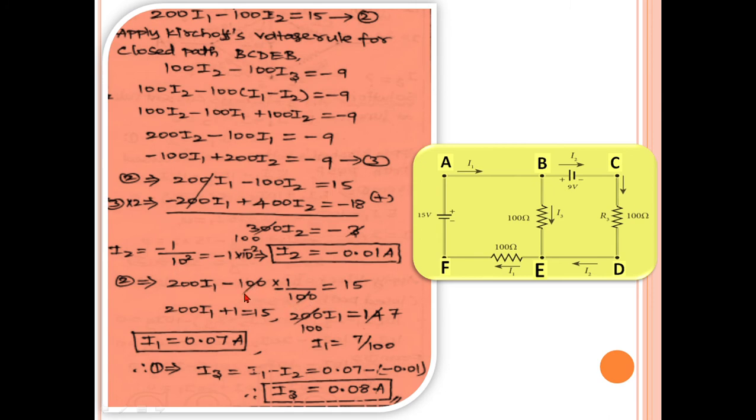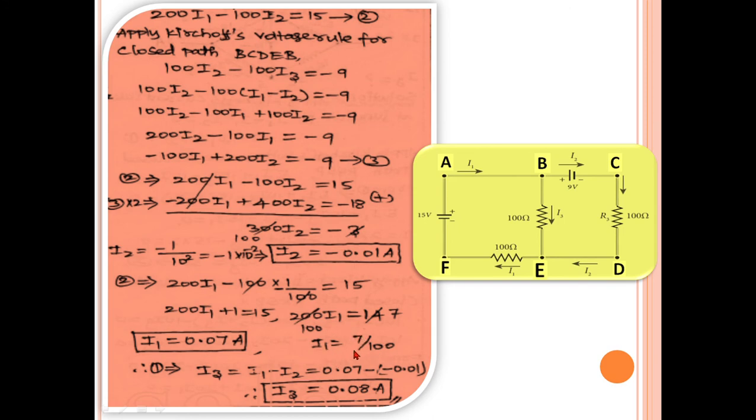The 100s cancel, and minus into minus is plus, so 200 I1 plus 1 is equal to 15. 200 I1 is equal to 15 minus 1, which is 14. I1 is equal to 14 divided by 200, which is 7 by 100.